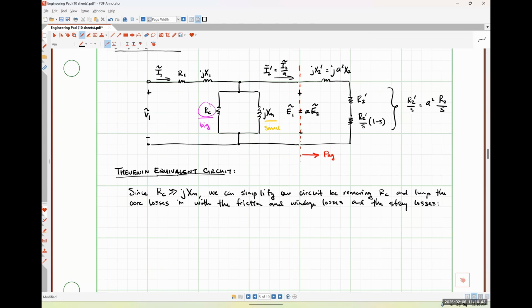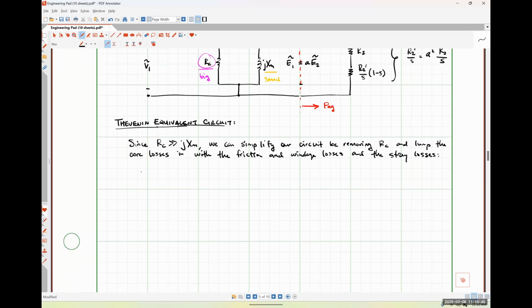And we're going to call these rotational losses. So P rotational, or I'll probably abbreviate it as P ROT, is just going to be the sum of the friction and windage losses we've already talked about, the stray losses we've already talked about, and now our core losses as well.